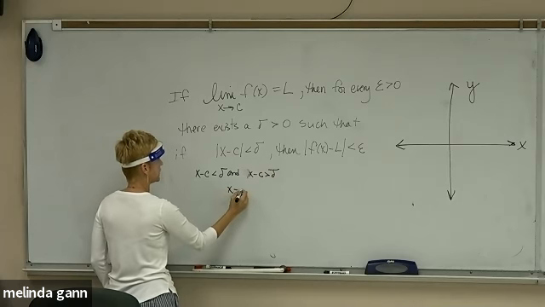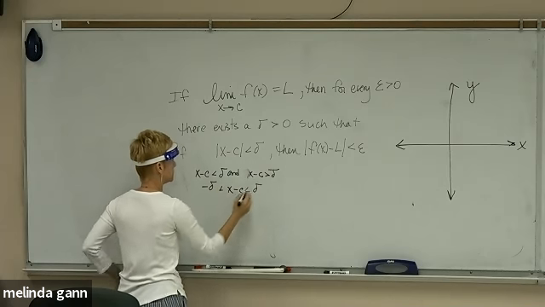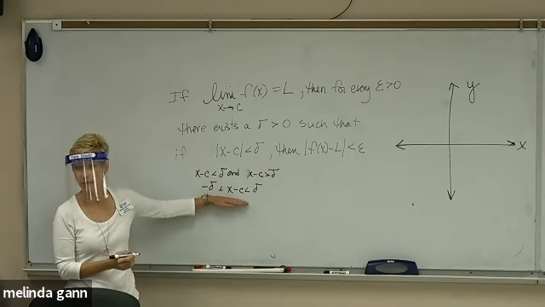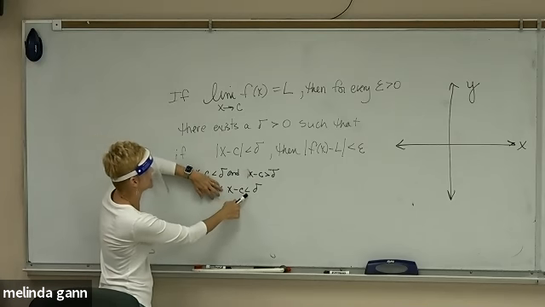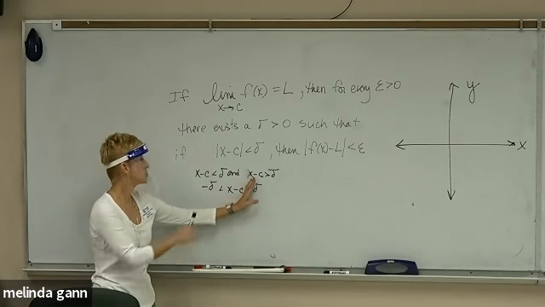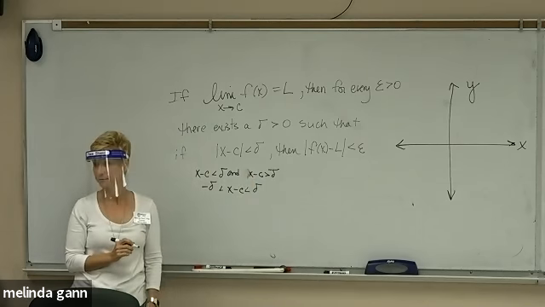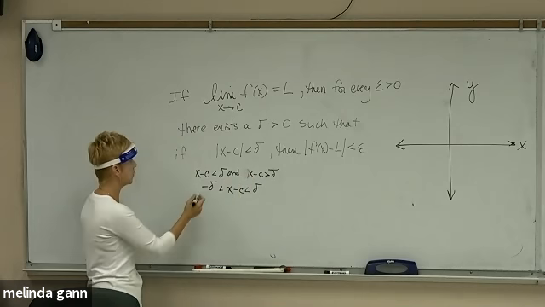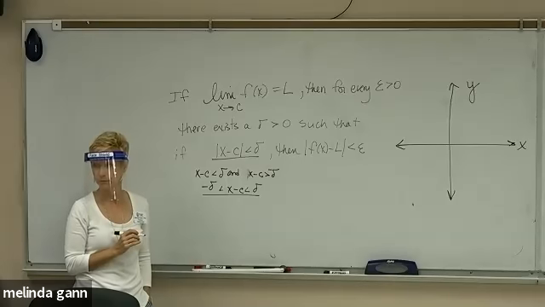So do you understand that this is a way to write both of those at the same time? When you write something like that, it means and. So that says that x minus c is smaller than delta, and this one says x minus c is bigger than the negative delta. So this means this. Okay.